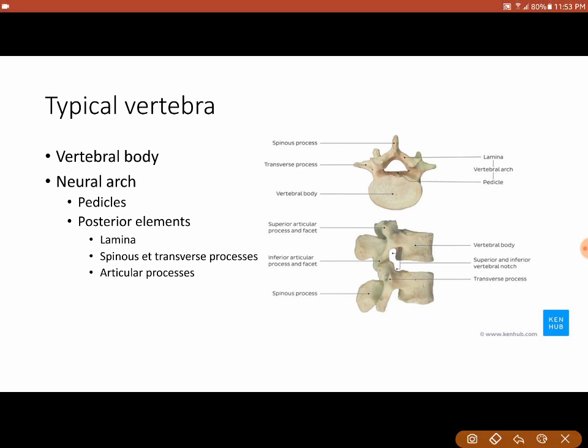Anteriorly, you have your vertebral body. Your vertebral body, its main function is for weight bearing. And the posterior part is your neural arch, and it's composed of pedicles and the posterior elements.